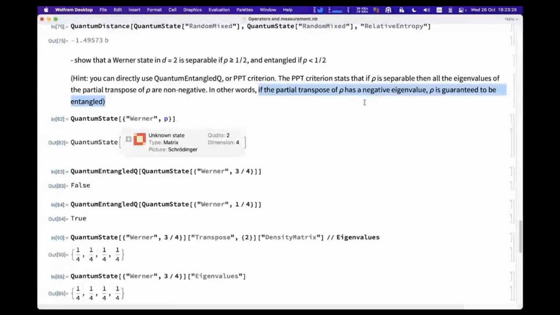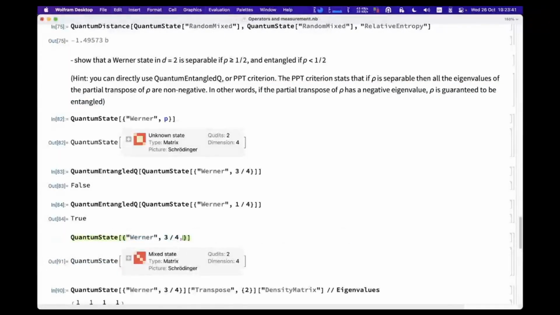Okay, you are not specifying the dimension, but the dimension is set automatically as 2. I think so. Let's give it 2. It should be exactly the same. Nothing changes.